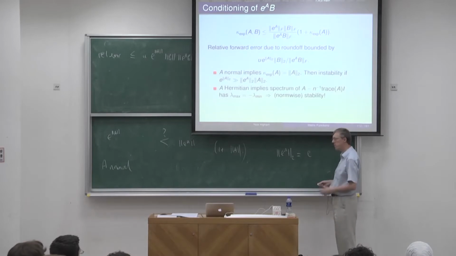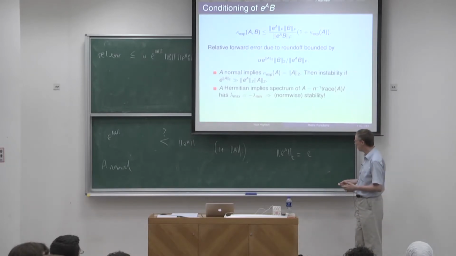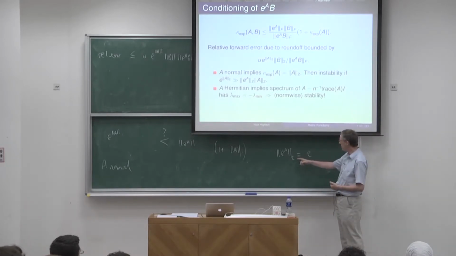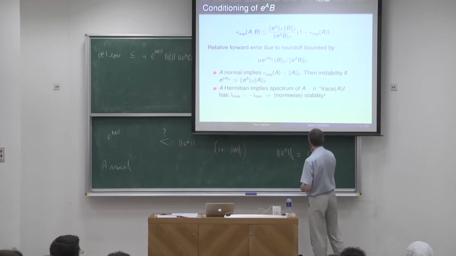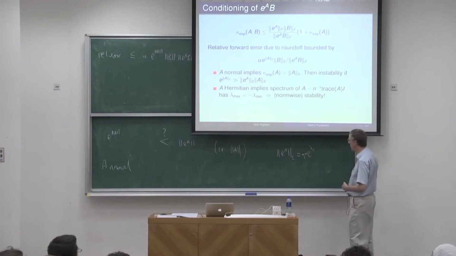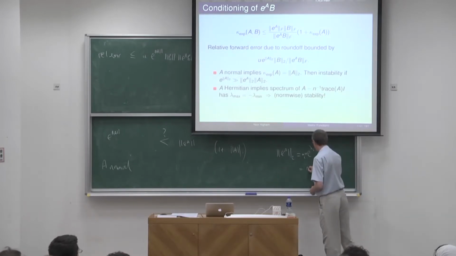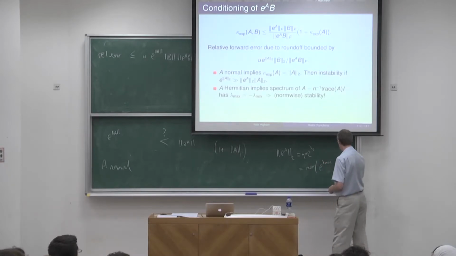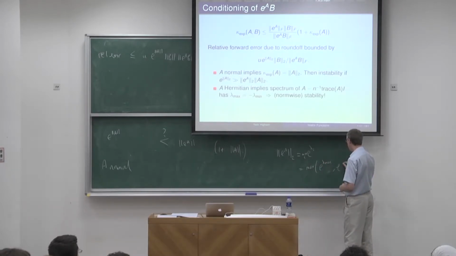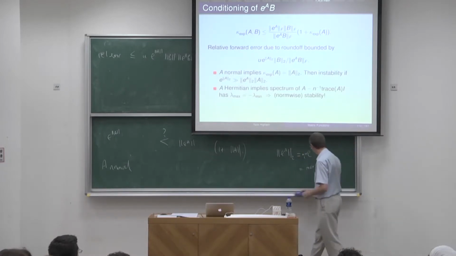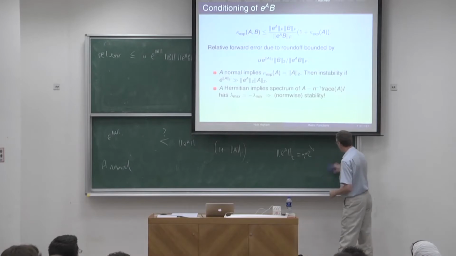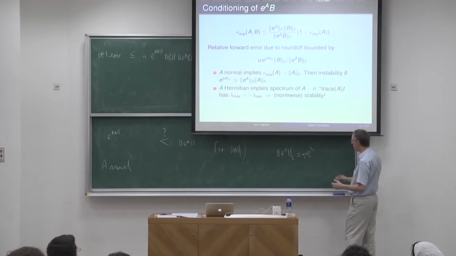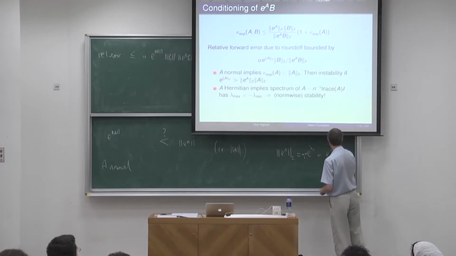Let's just think of A being Hermitian for simplicity. This would be the largest value of e to the lambda i over all eigenvalues. No, it would just be e to the lambda max in that case, wouldn't it? So if A is symmetric, all its eigenvalues are real, and this will just be e to the largest eigenvalue.